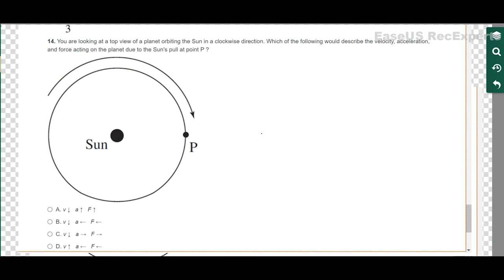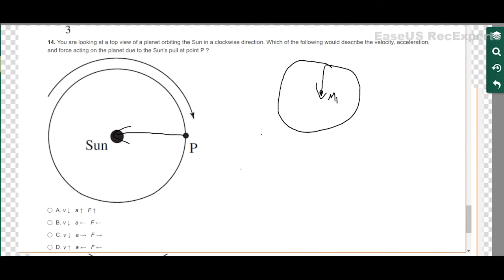So we know that centripetal force always heads toward the center. That is a property of centripetal force, right? So we have tension that heads toward the center of an object. We have gravity that heads toward the center of the system, right? We have gravity that goes toward mass 1, which is the center.